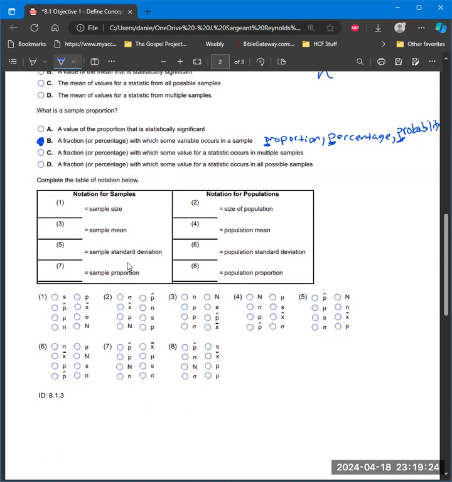So notation for samples, we have the sample size is a lowercase n. The sample size for the population is a capital N. So this is samples and populations. The sample mean is going to be X bar. We're going to see a lot of Greek letters over here. Population mean, since the means is letter M, is the Greek letter mu, M-U.